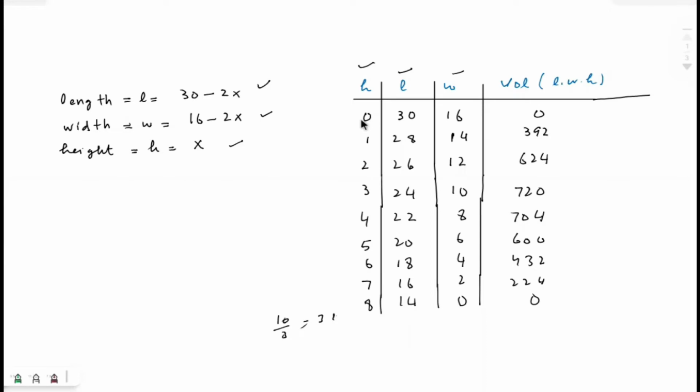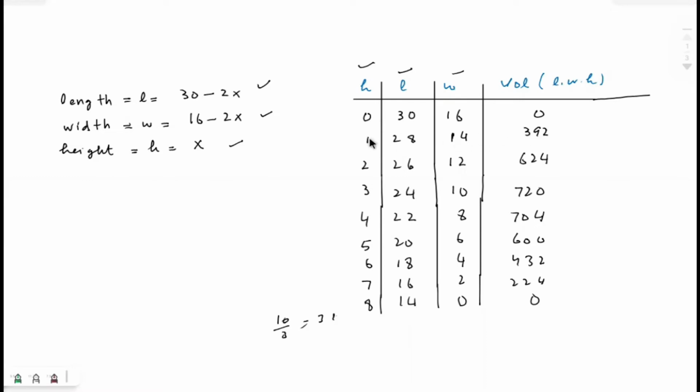So in case we have 0 height, which is not possible, but just for the sake of sequence, we take 0 height, length would be 30 minus 2 times 0, which is 30, and width would be 16, and volume, which is the product of these 3 numbers, is 0. If we increase x by 1, so we take x, which is the height, 1, the length would be 30 minus 2 times 1, which is 30 minus 2, it was 28, and the width would be 16 minus 2 times 1, which is 16 minus 2, which is 14, and the product would be 392, which is the volume.